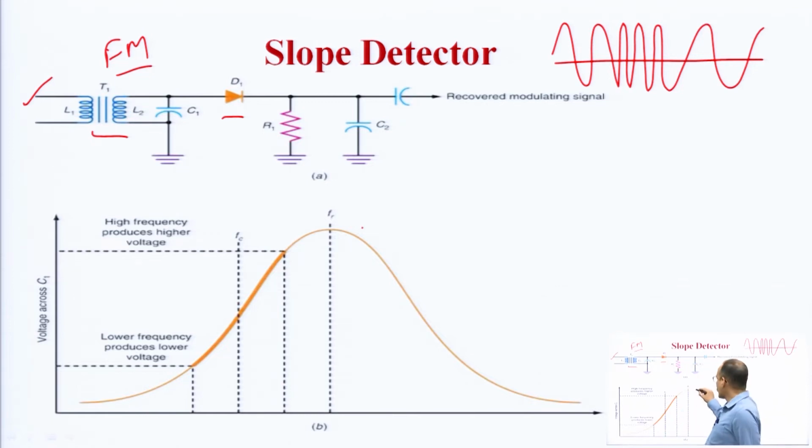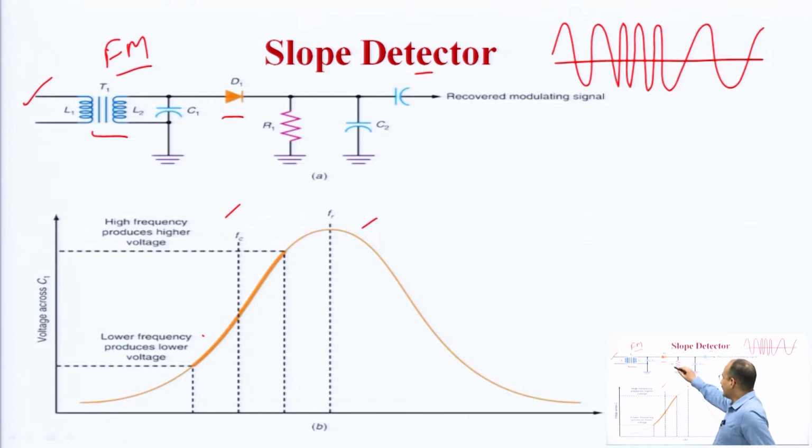As per this diagram, lower frequency produces lower voltages, whereas higher frequencies produce higher voltages. So this slope detector is a method of direct FM demodulation, as you take the FM signal directly and demodulate it.